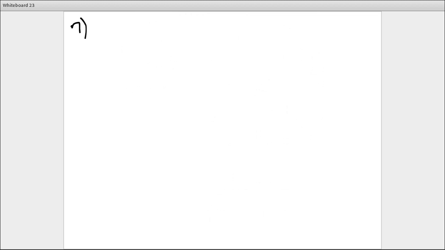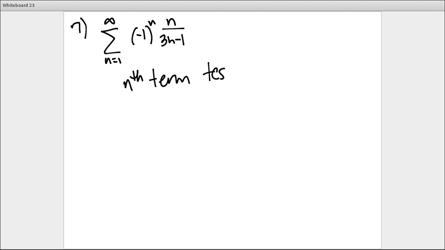Make sure you check if it's just the nth term test, right? Sometimes it's a matter of, hey, just do the nth term test. n over 3n minus 1. There we go.